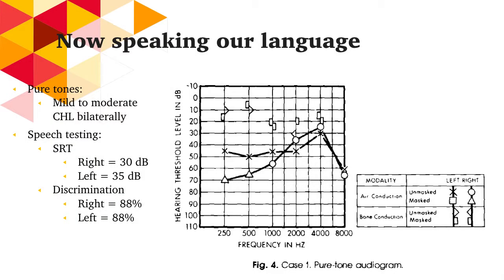So now this is obviously more up our alley, speaking our language. They did pure tones and speech testing. For pure tones, they reported mild to moderate conductive hearing loss bilaterally. I would say it's a little all over the place, but I would go with moderately severe in the right ear with a couple of frequencies in the mild range.